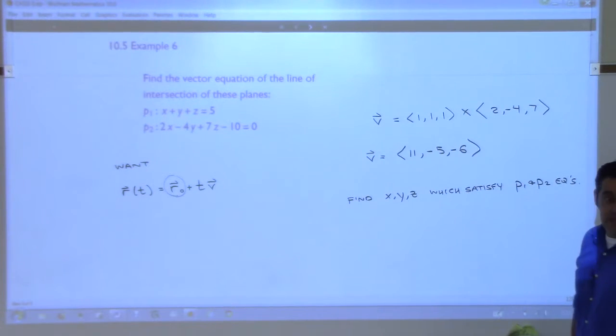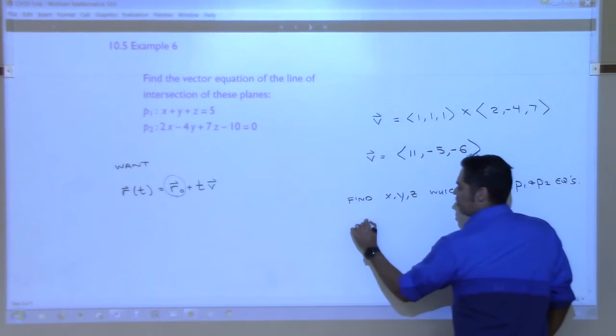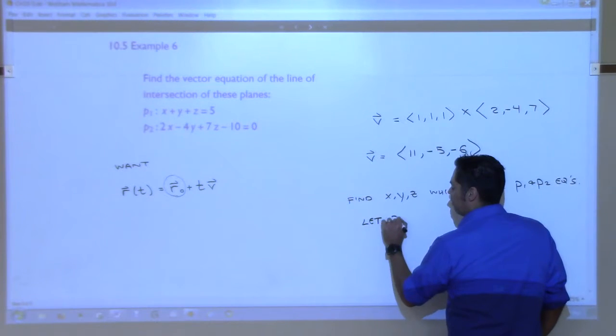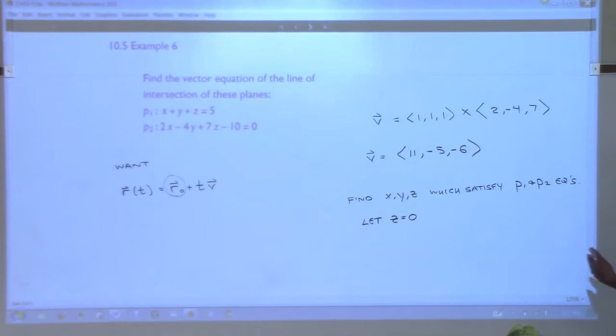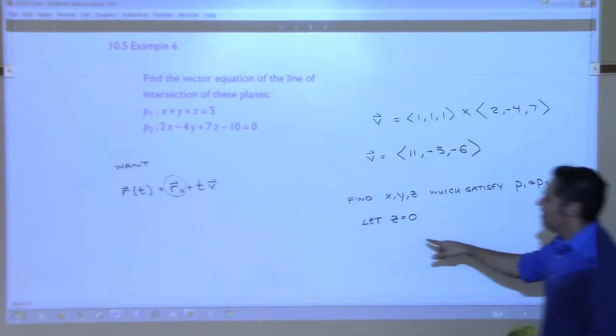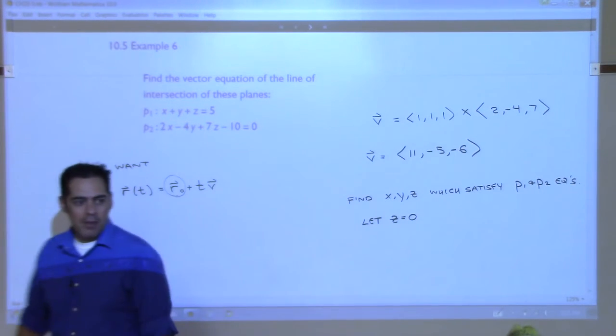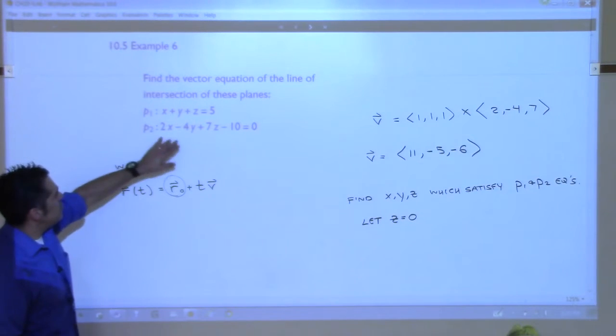So one easy way to do this is to just fix one of the variables. We did this once already. Do you remember me doing that? I don't remember when we did it, but we did do it. So I'm going to let z be 0. If z is 0, then what do these two equations become?